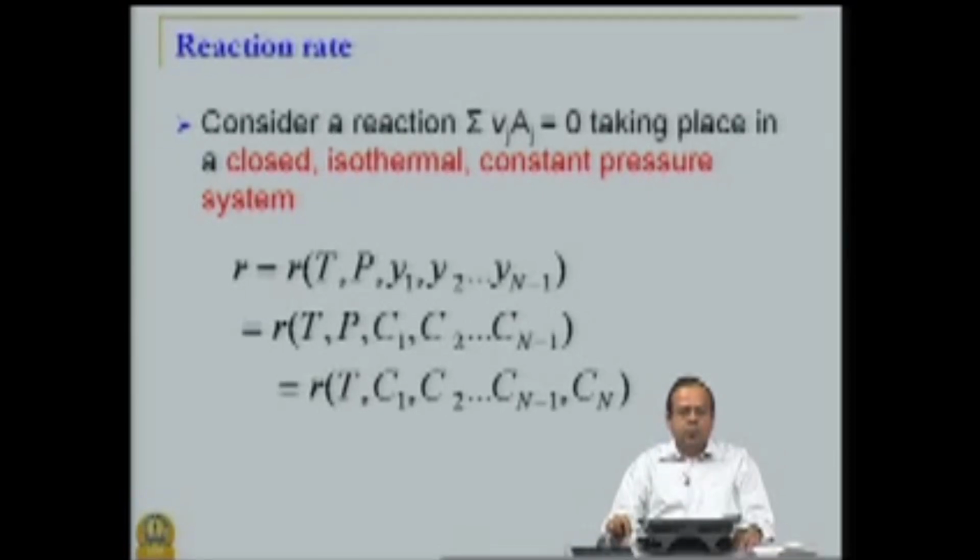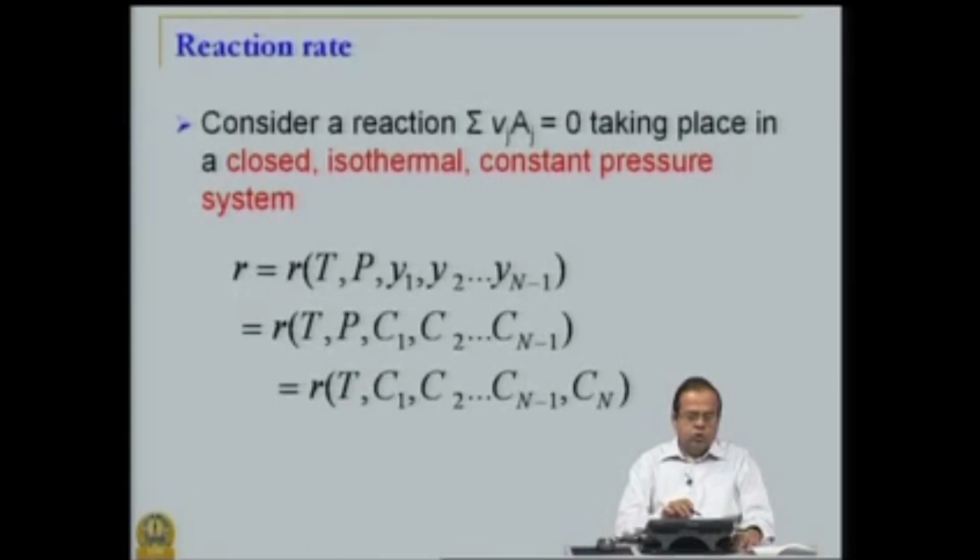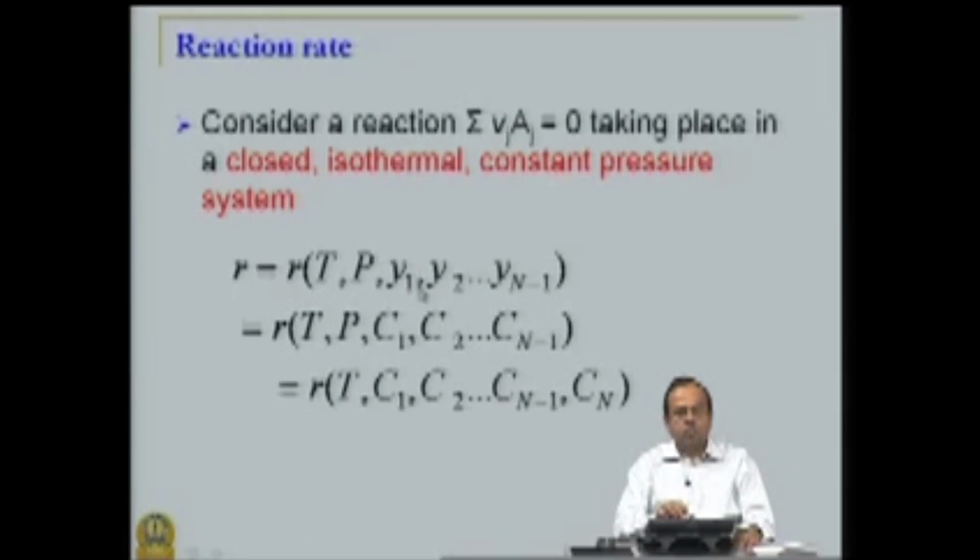For example, if it is a gaseous phase reaction, then I could choose temperature, pressure and mole fractions of all the components. And if I am dealing with mole fractions, we know that they all should add up to 1. So, we have mole fractions of only n minus 1 components, that is, our reaction has n components, let us say, or to be specific, let us say it has 3 components.